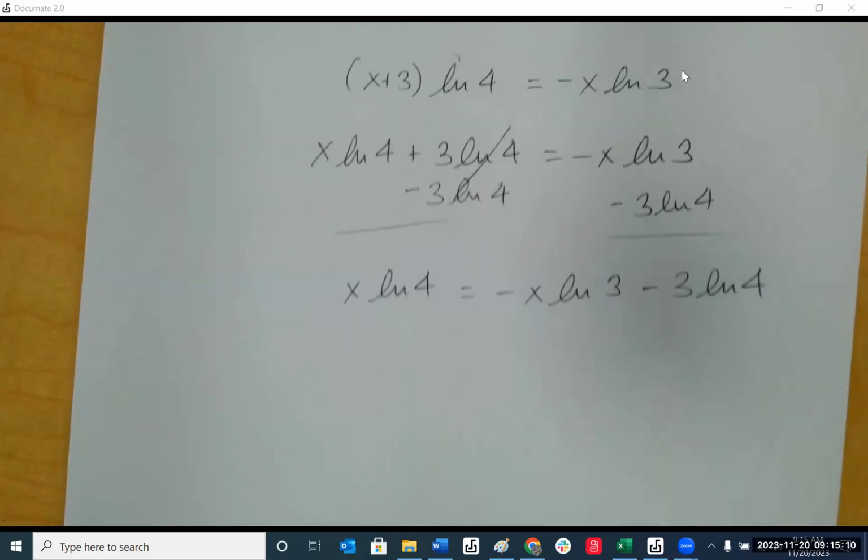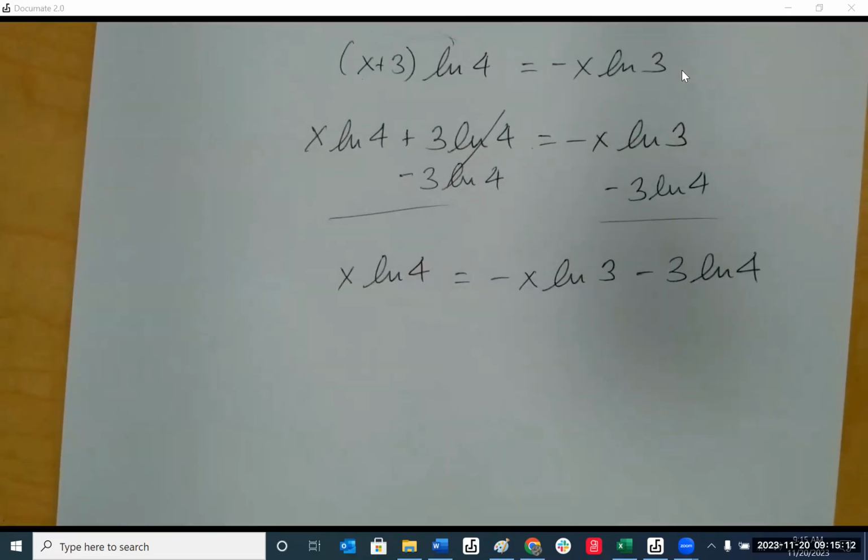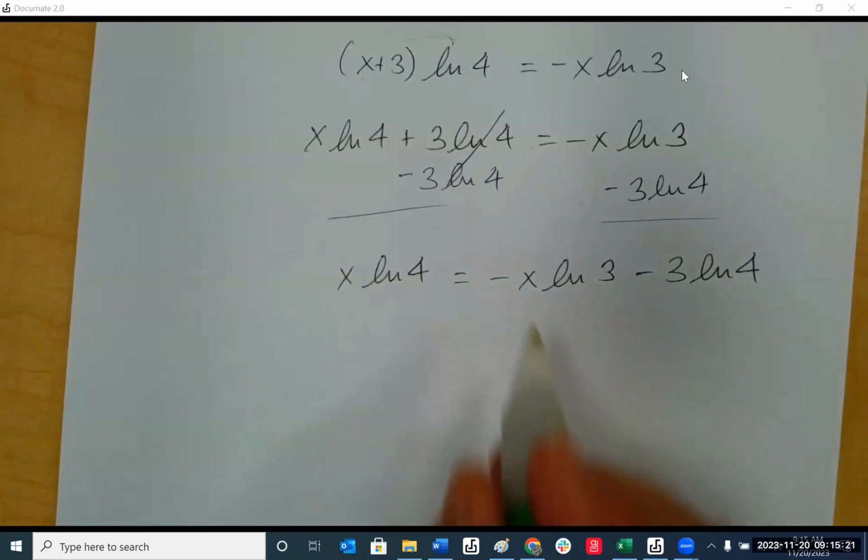minus 3 ln 4. Which one do we move now? Are all the x's on one side? No, that one's there.